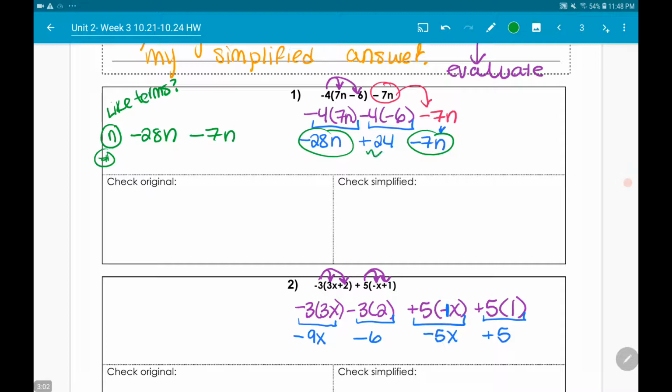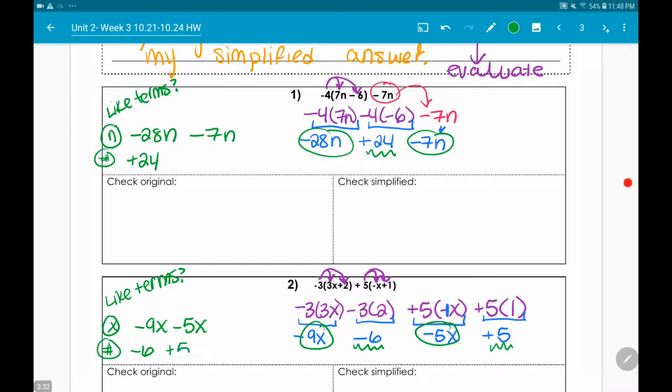And then in my number group, I just have positive 24. Okay, what about down here? I see an x group and a number group. In my x group, I have negative 9x and negative 5x. And in my number group, I have negative 6 and positive 5.